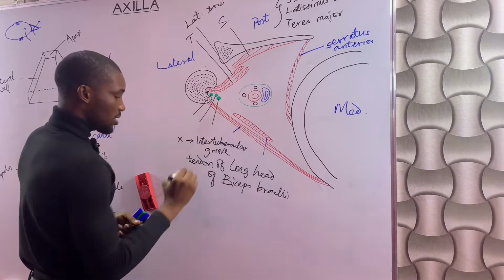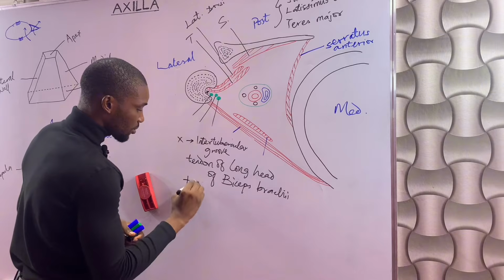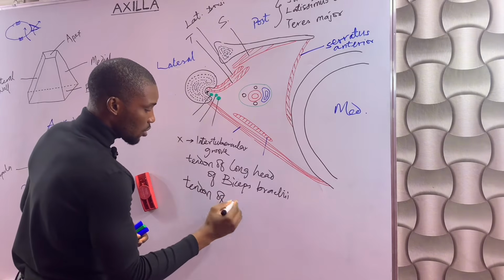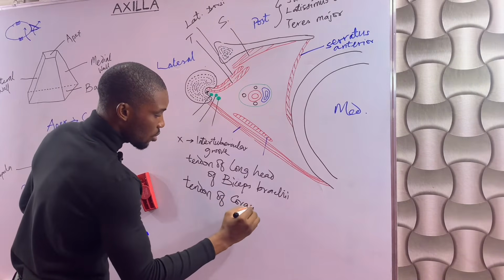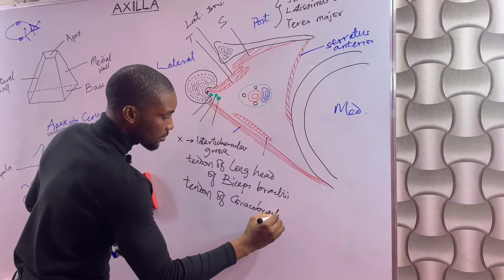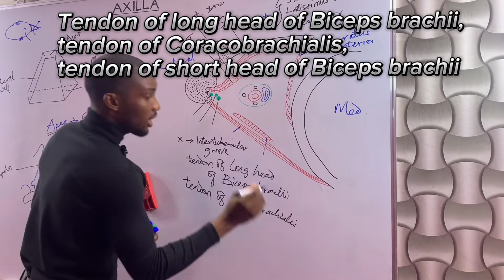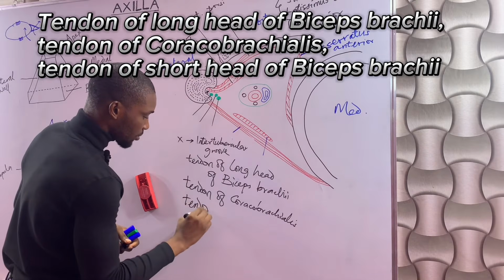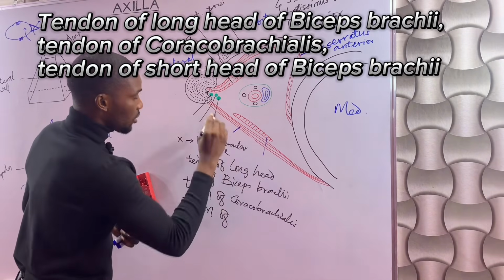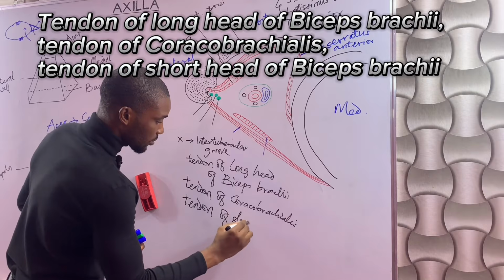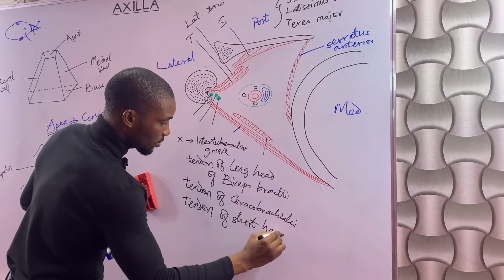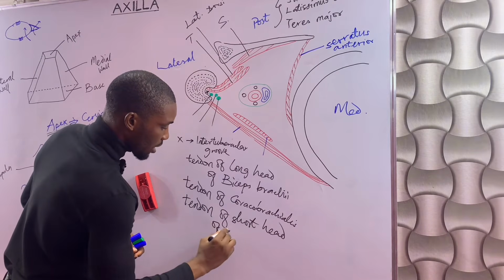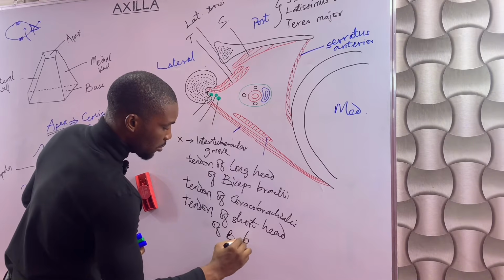Then this other one is the tendon of coracobrachialis. And then this other one is the tendon of the short head of biceps brachii.